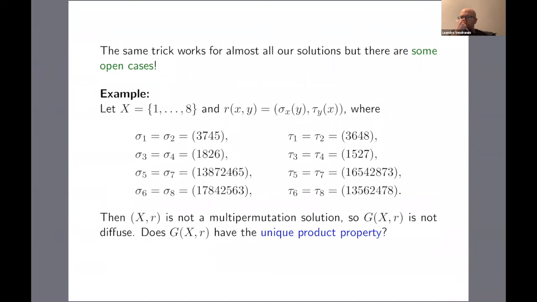So the trick works for almost all of my solutions, but not all of them. I have some open cases. So I have some solutions where my trick, my set S, is not good enough to prove whether I have the unique product property or not, okay?